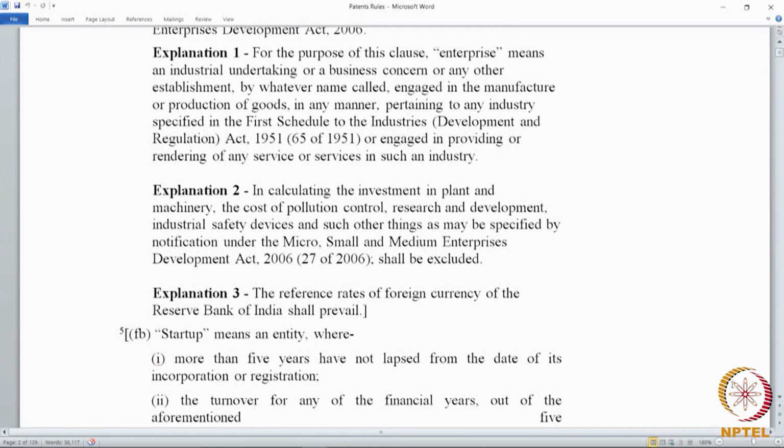But the point is, to claim the benefit, you have to file Form 28 and claim that startup status. Mere registration or incorporation under any of the acts or the legal system will not allow you to claim the status. You have to file Form 28 to claim the status.